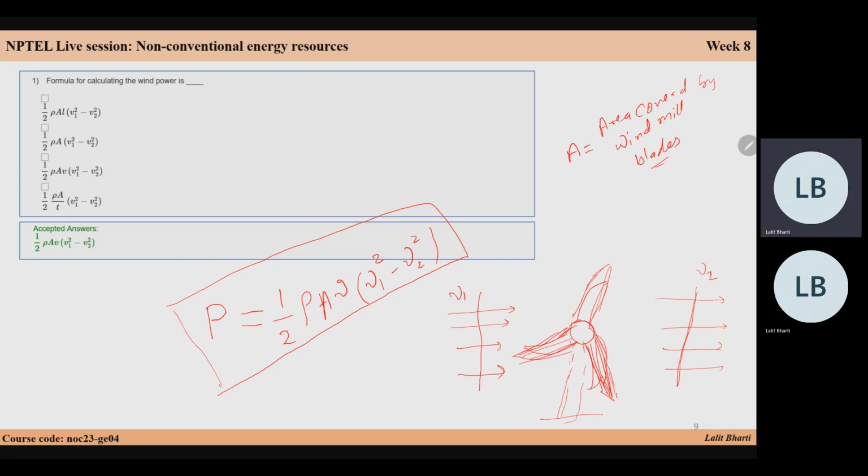This is a direct result of the derivation for the power. So we can say that yes, our answer is C, the third.